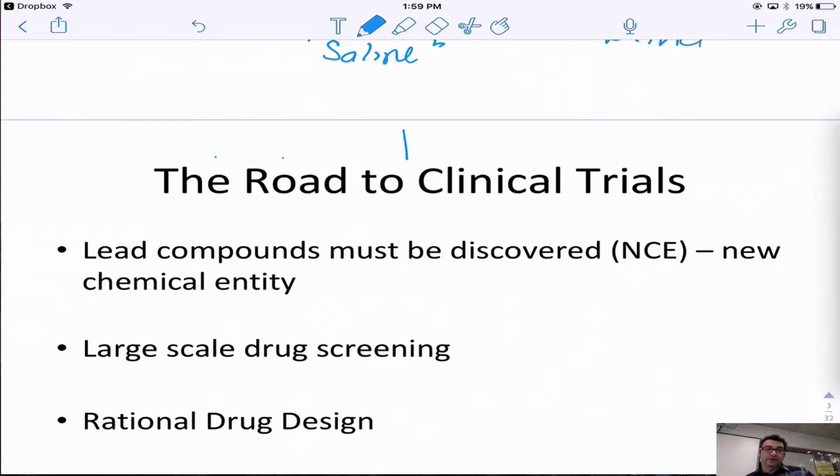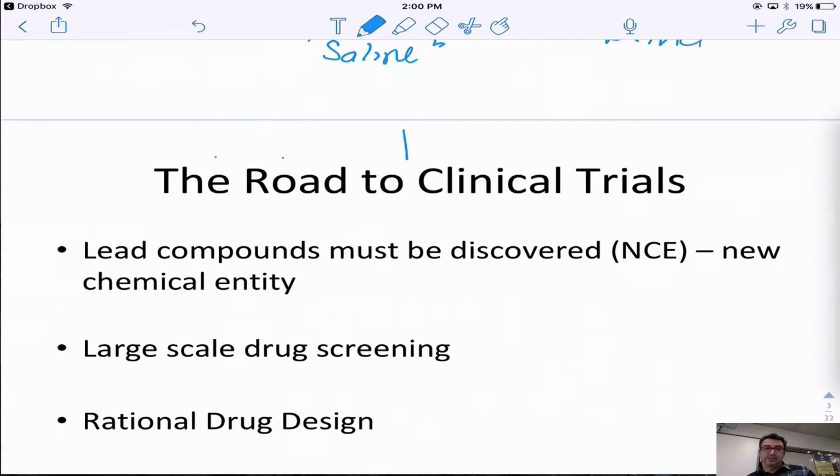Another way of getting an effective drug is large-scale drug screening. This approach is sort of like throw everything you got at a particular disease. They could be growing many, many cells in culture, many replicants, thousands and thousands, and they could be applying different compounds, these new chemical entities that they find, just across the board, and they'll do thousands and thousands of trials.